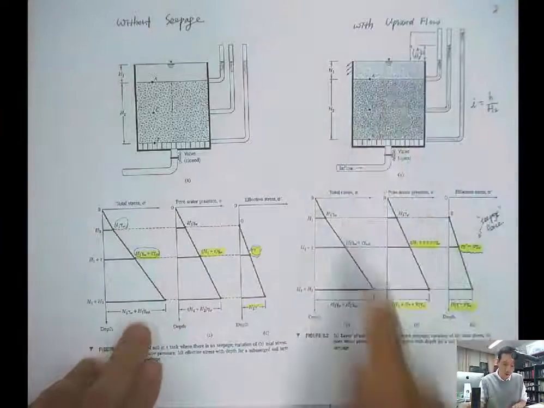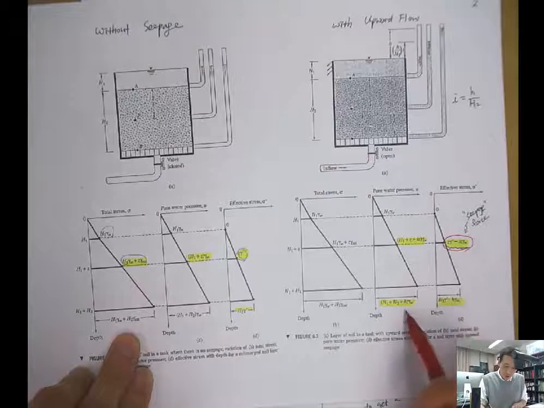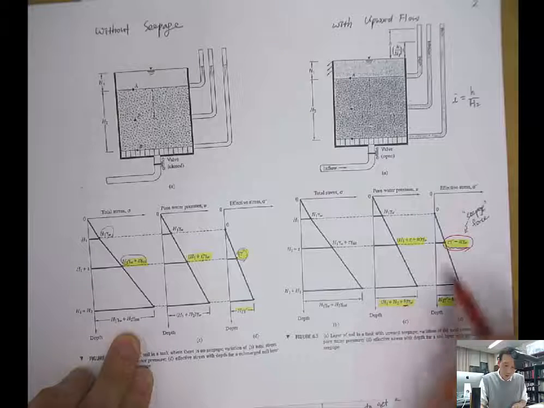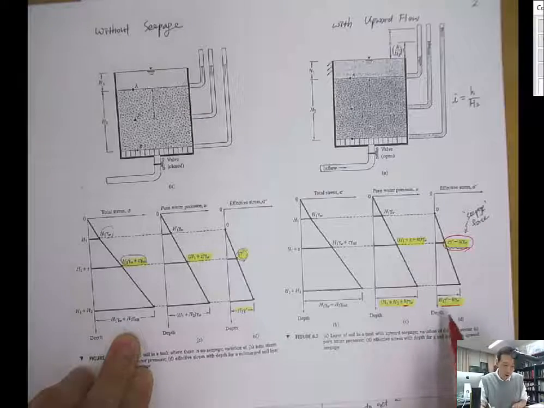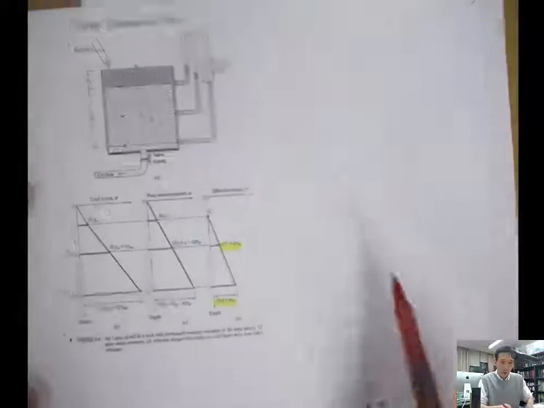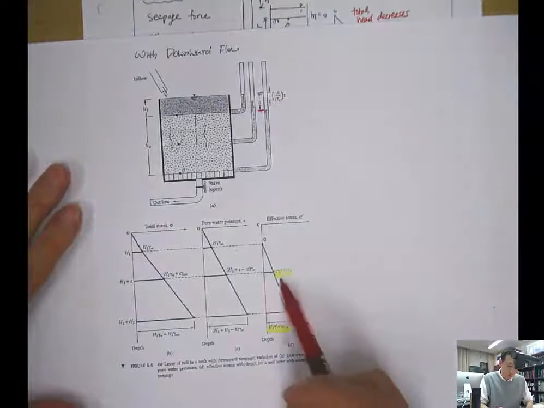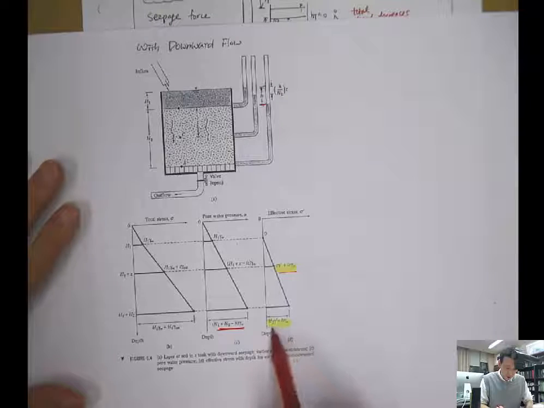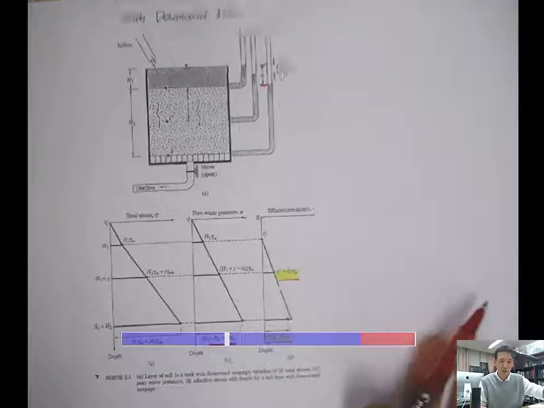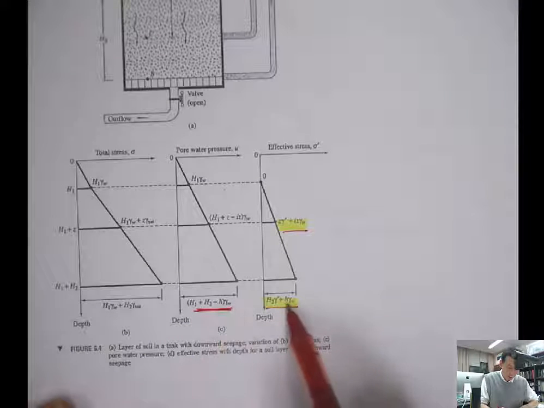With upward flow, you have this extra component: pore pressure increases by H, so the effective stress decreases by H times gamma W. With downward flow, with the total head difference H, you have a decrease in pore pressure, minus H, and because of that you have an increase in effective stress. So here you can see the minus H, and here it is a plus H.